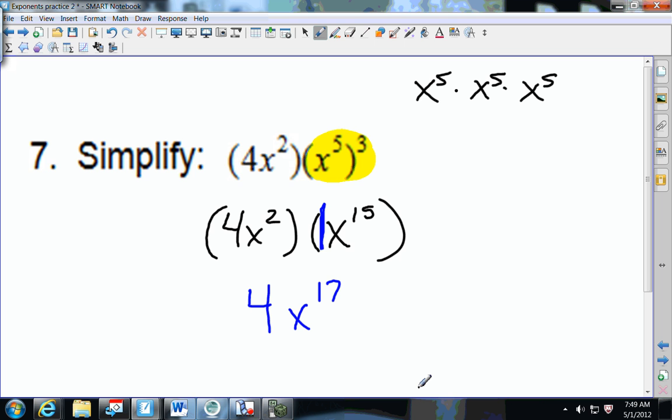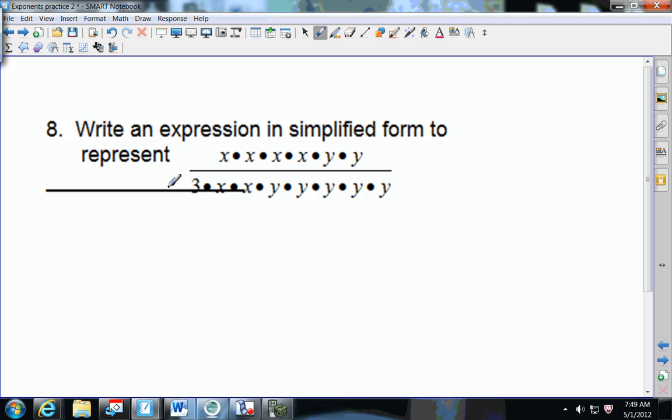The next one. There's the next. I know there's kind of a line right here. Just ignore that line. I want you to write the expression in simplified form, please. It shouldn't take you that long. Look at this. Here we go.